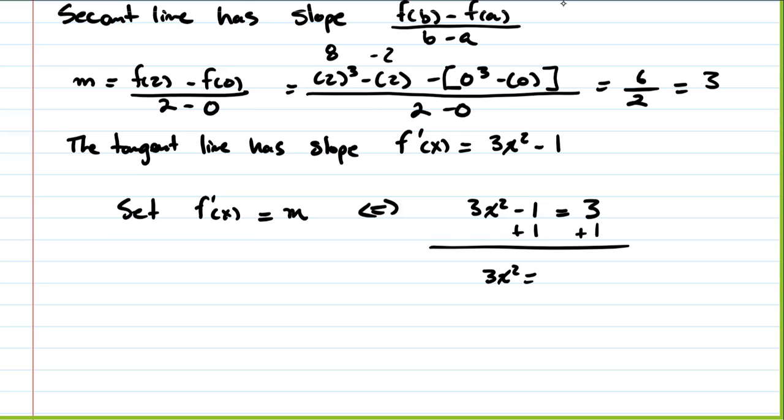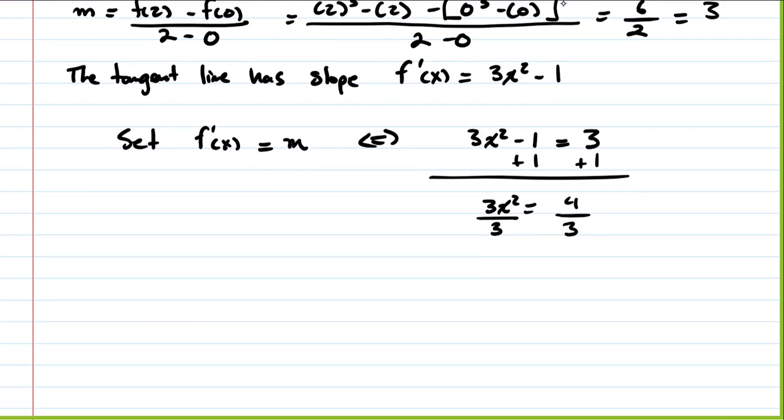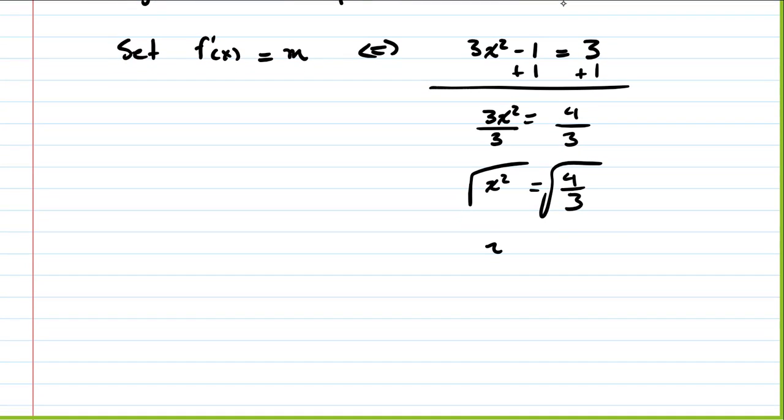We get 3x squared equals 4. Divide by 3, divide by 3. We get x squared equals 4/3. Take our square root, and x is equal to plus or minus, the square root of 4 is 2, over the square root of 3. So plus or minus 2 square root of 3 over 3.